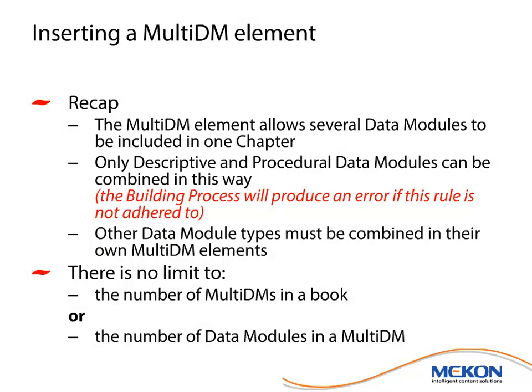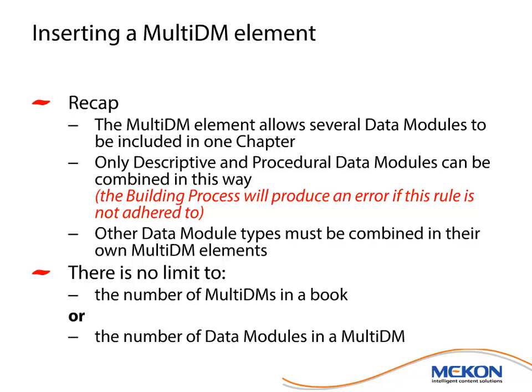Now let's just have a quick recap on MultiDM chapters. What this does is it allows you to have several data modules included in one chapter. You can arrange for them so everything is carried on in one stream, so it looks as though they were always written in that way. There are limitations.